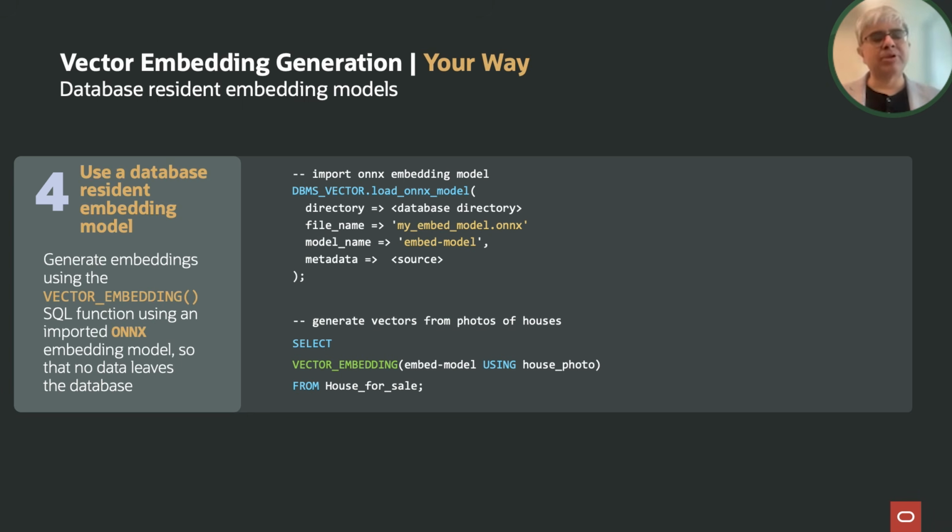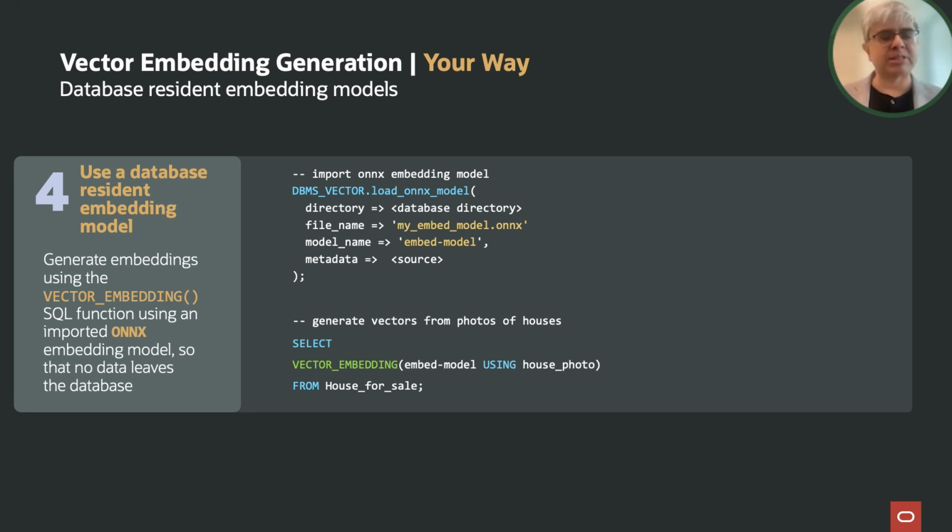So in this example, you would first import your favorite embedding model into the database using the DBMS_VECTOR package. And you provide the location of the model and the model name and various model attributes, metadata. Once you've done that, from then on, you can generate vectors from data using that model.